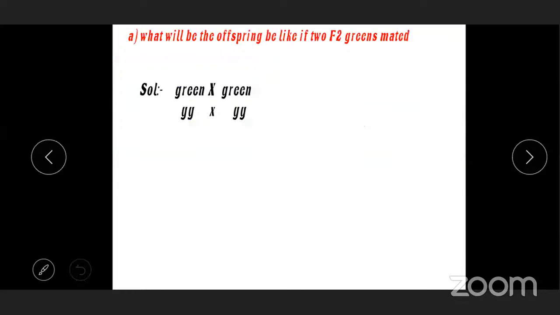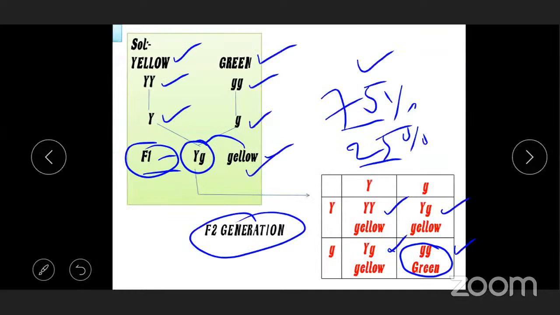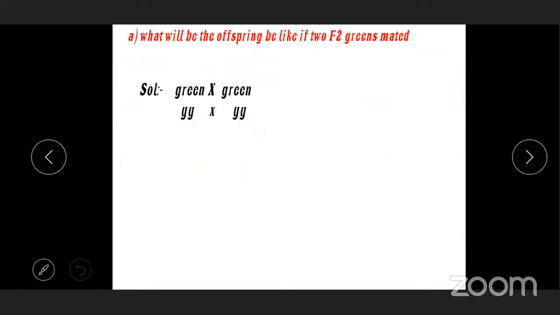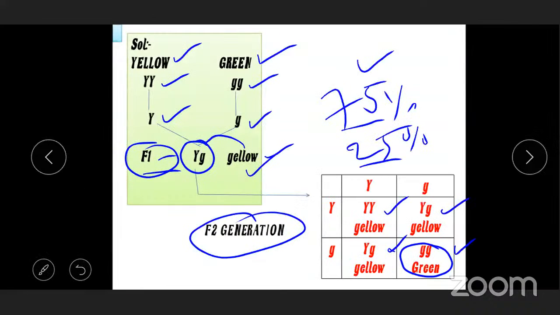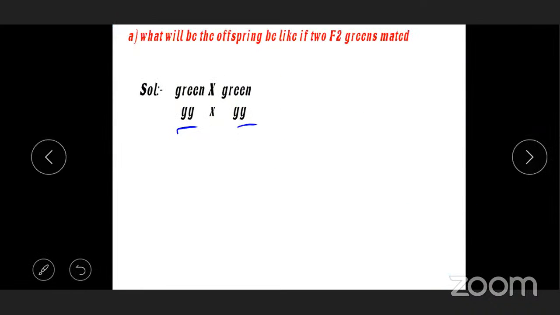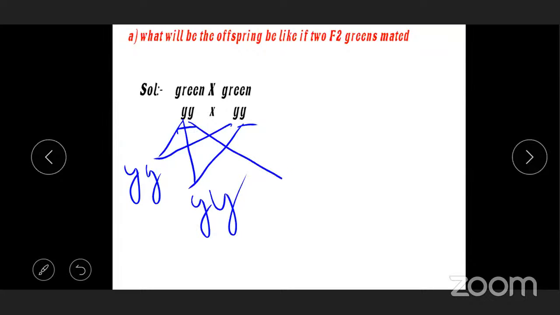What is the green? Small y small y. And the other green is the same, small y small y. So what happens? Crossing these, this is the F2 crossing.